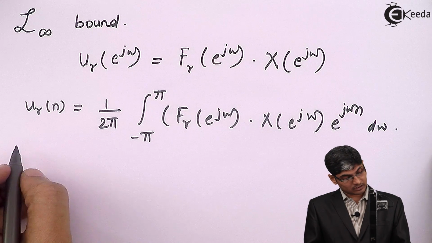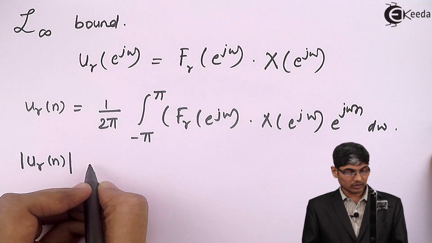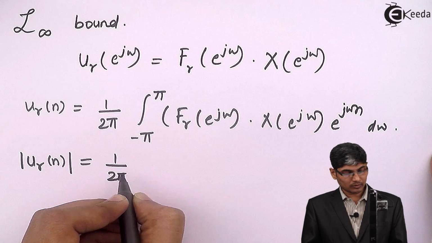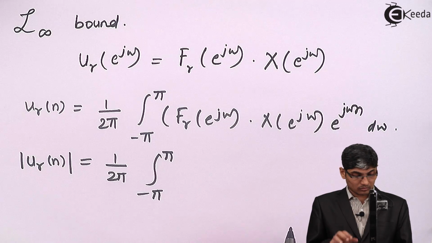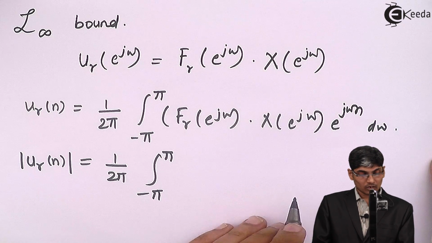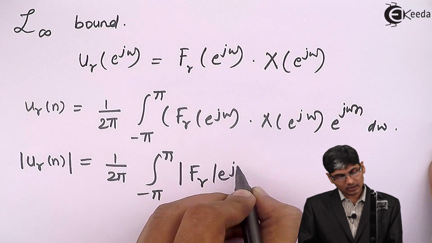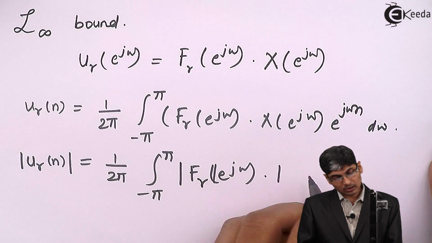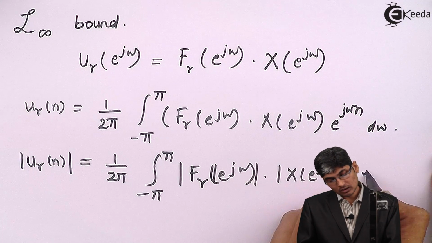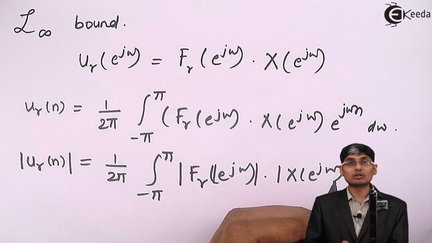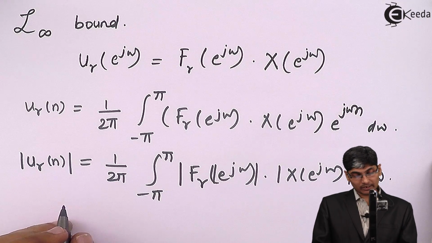Now if we take the bound on u_r[n], it equals 1 upon 2π, integral from minus π to π. There will be two bounds: one is the bound on F_r(e^{jω}) and the other is the bound on X(e^{jω}). The modulus of e^{jωn} is 1, so I will not write that. I will write this as dω.